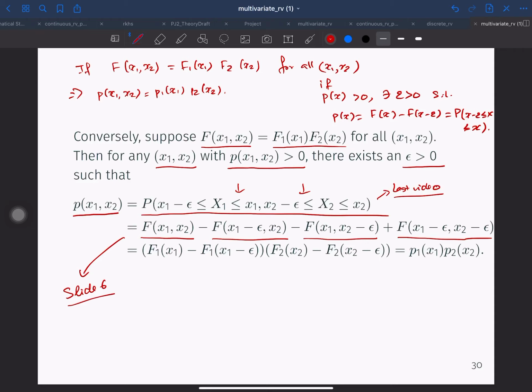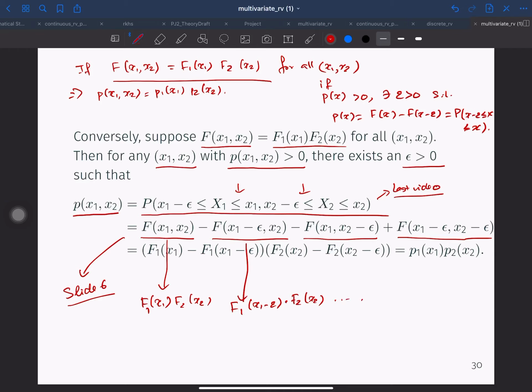But because of this condition, the first term here will look like F1 of x1 times F2 of x2. This second term here will look like F1 of x1 minus epsilon times F2 of x2, and so on and so forth.